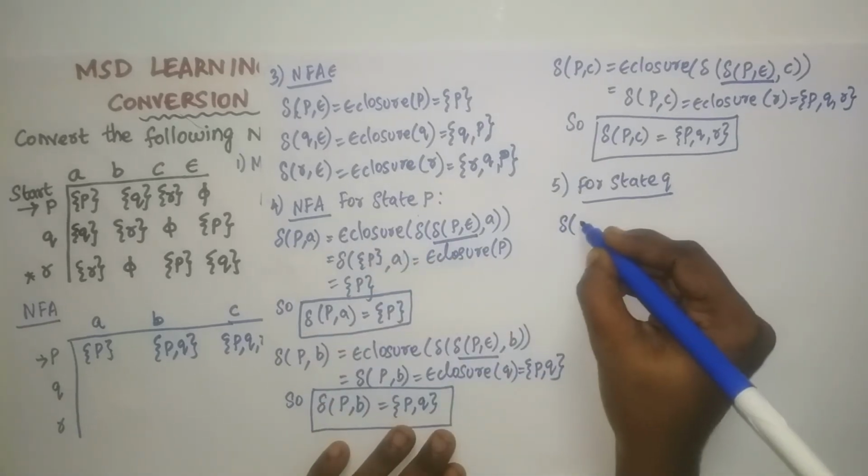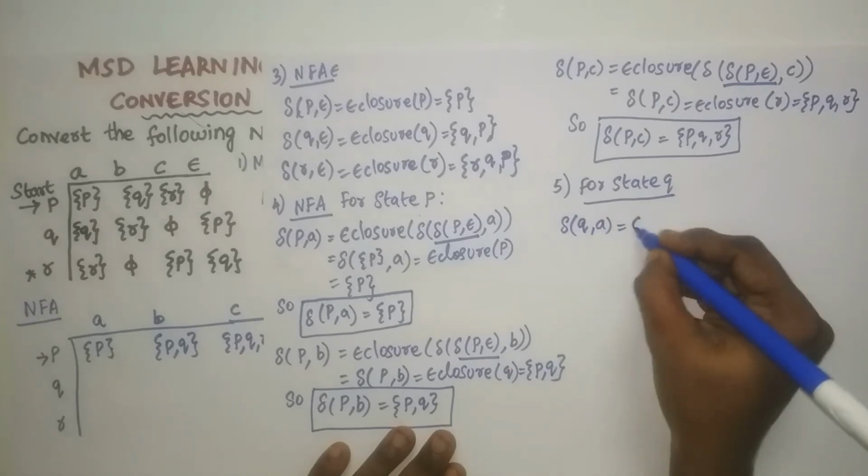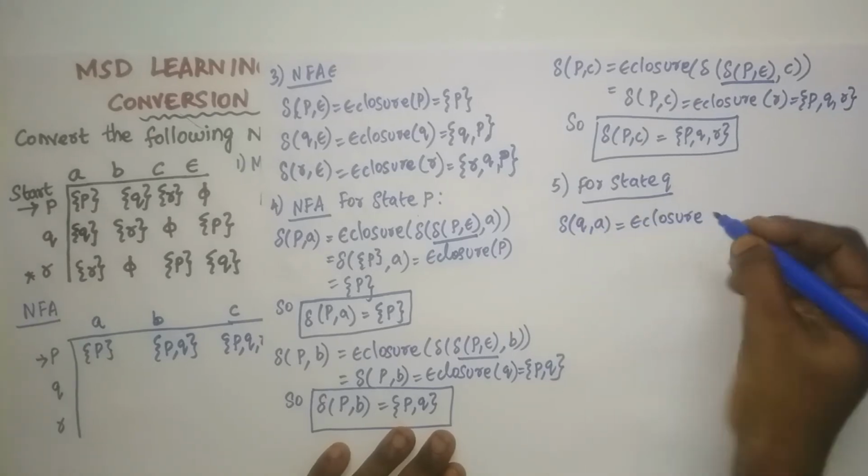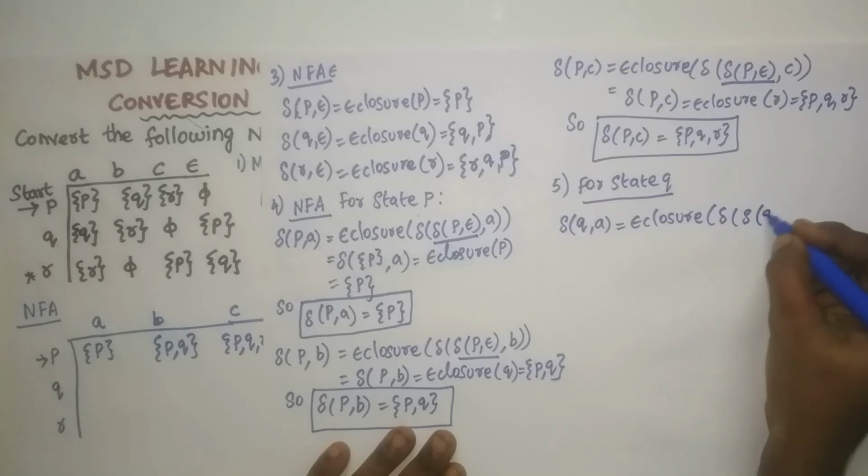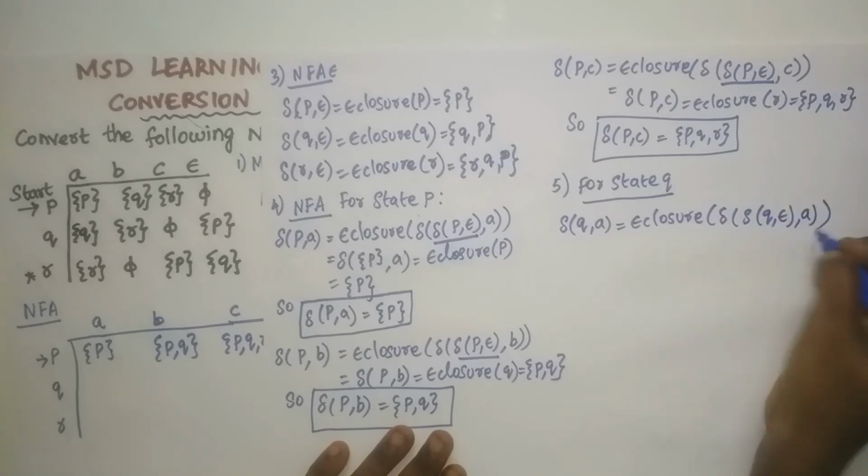So δ'(Q, A) is equal to epsilon closure of δ(Q, epsilon, A).